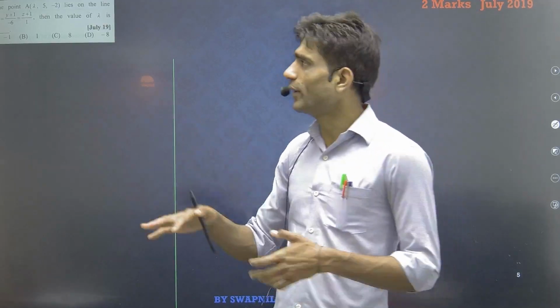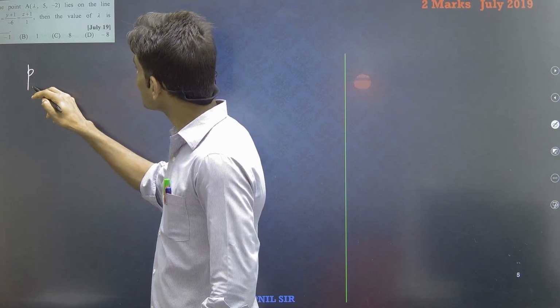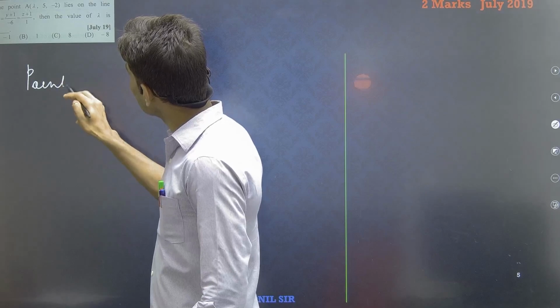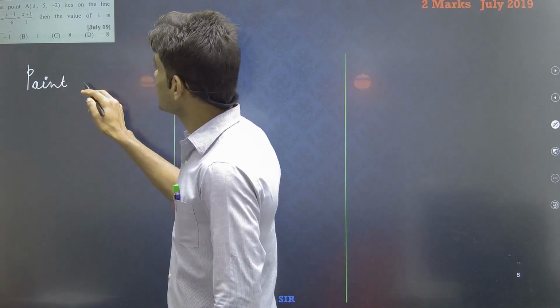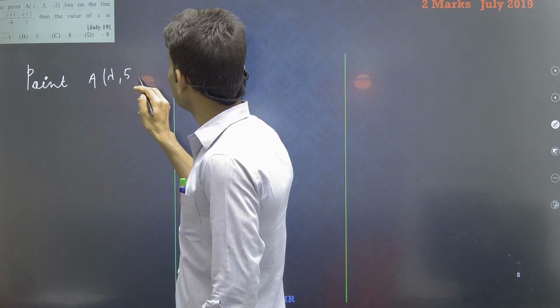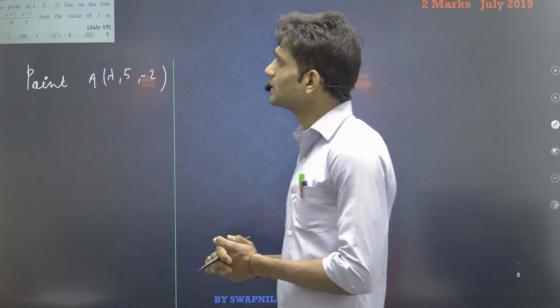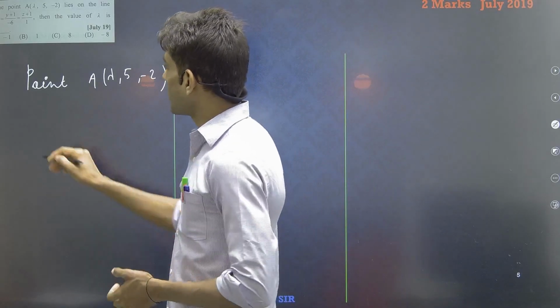Now let me write what we have been given first. We have been given point A, which is lambda, 5, minus 2, and it lies on the line.